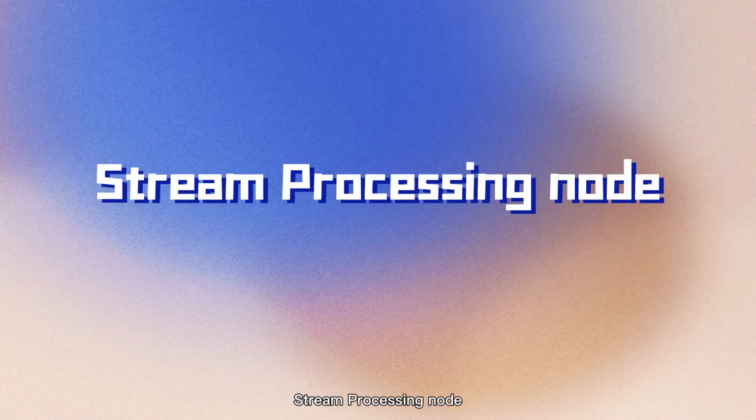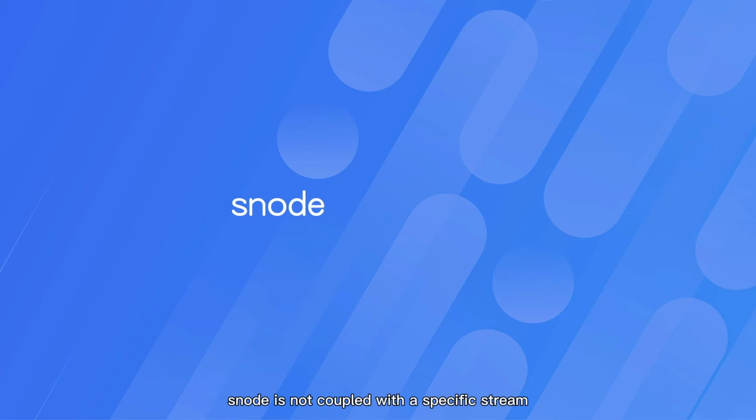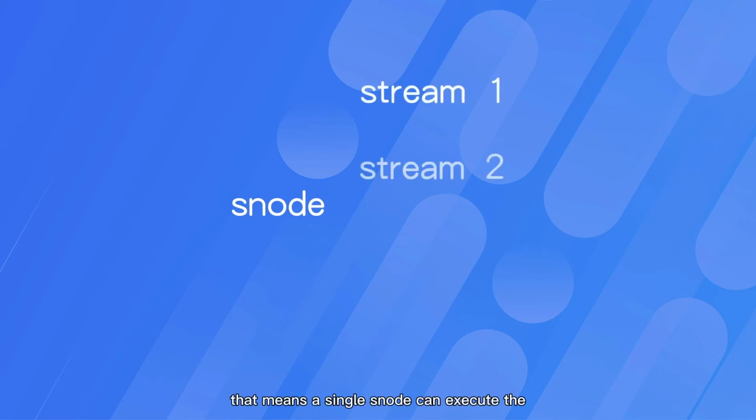Stream processing node. A virtual logical unit responsible for stream processing tasks is introduced in TDengine. There can be multiple snodes configured in a TDengine cluster to share the burden of stream processing tasks. An snode is not coupled with a specific stream. That means a single snode can execute the tasks of multiple streams.